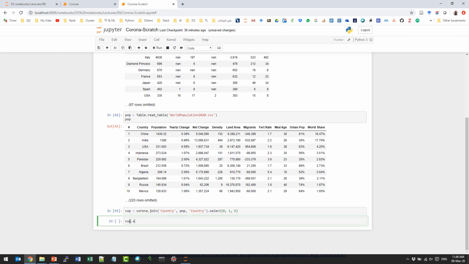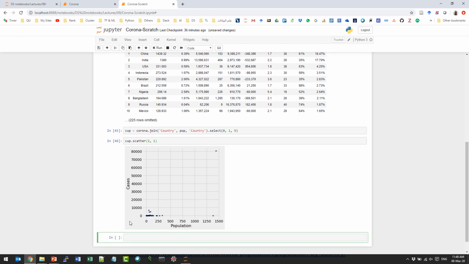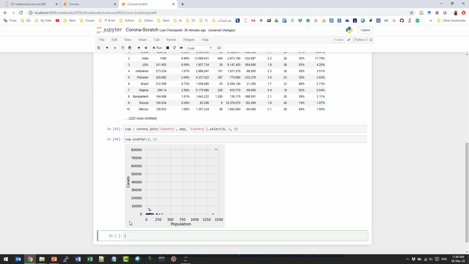CWP dot scatter, and which you said population, which I think is column 2, and column 1 is the cases, right? So we get something like that. Is that informative? What are these two?